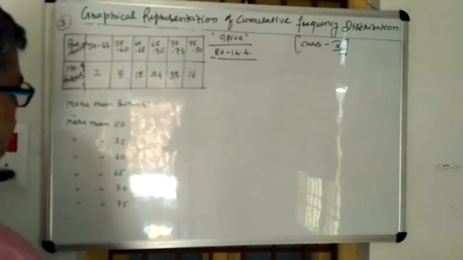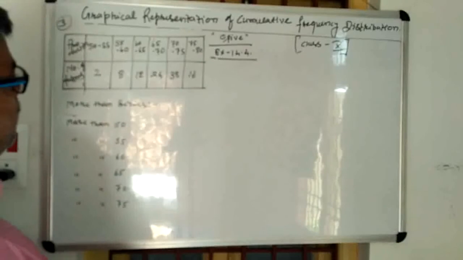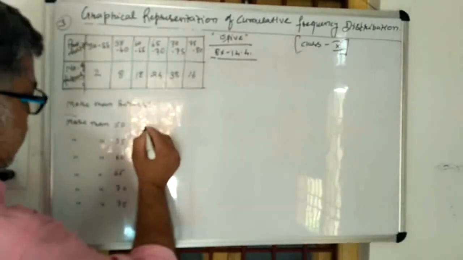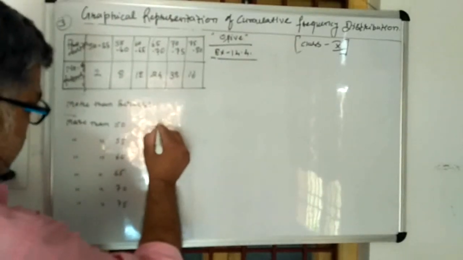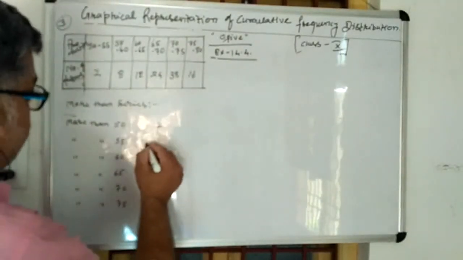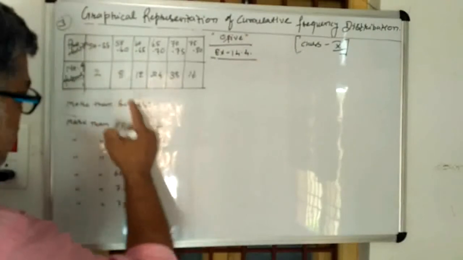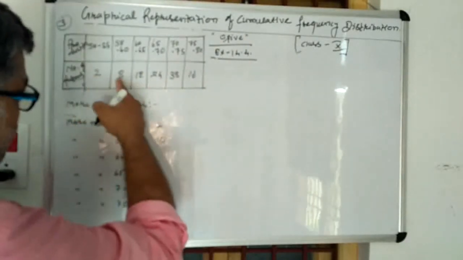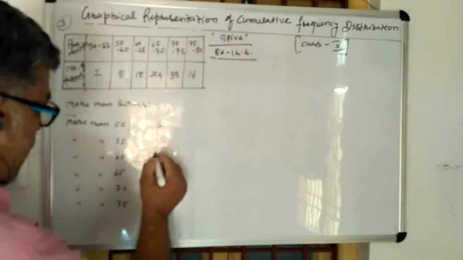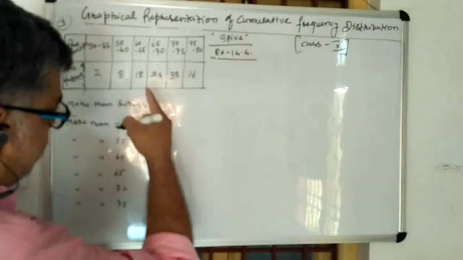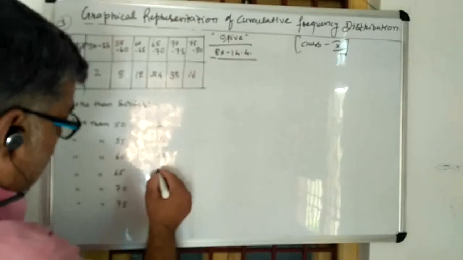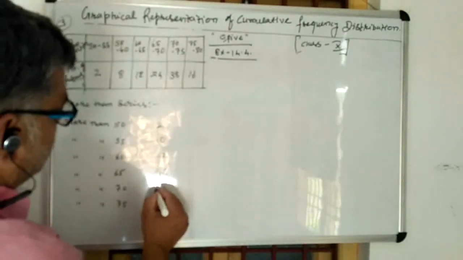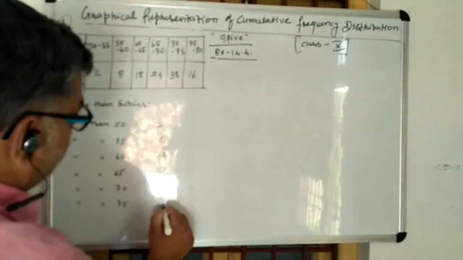Now the corresponding frequencies will be: altogether more than 50 is 2, yes it is 2, more than 55 will be 10, thereafter 2 plus 8 is 10, 10 plus 12 is 22, 22 plus 24 will be I think 46, 46 plus 38 is 84, 84 plus 60 will be 100.